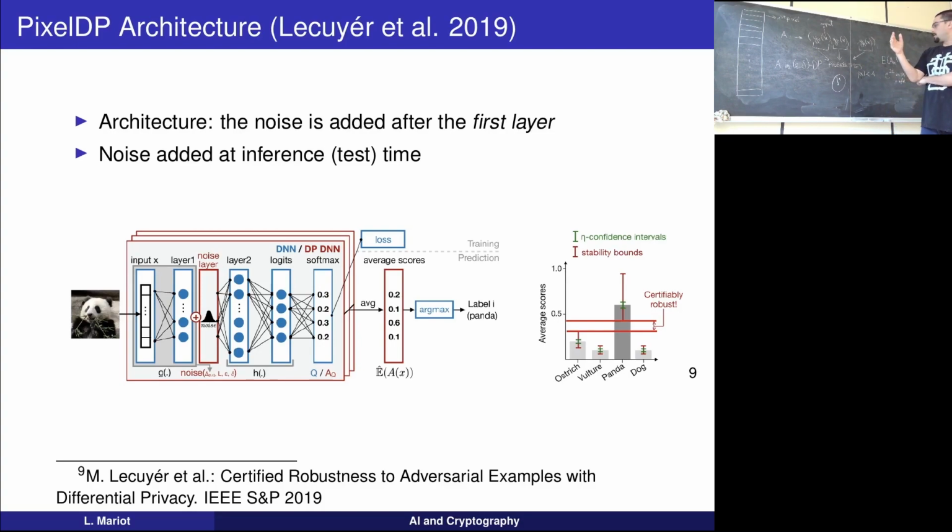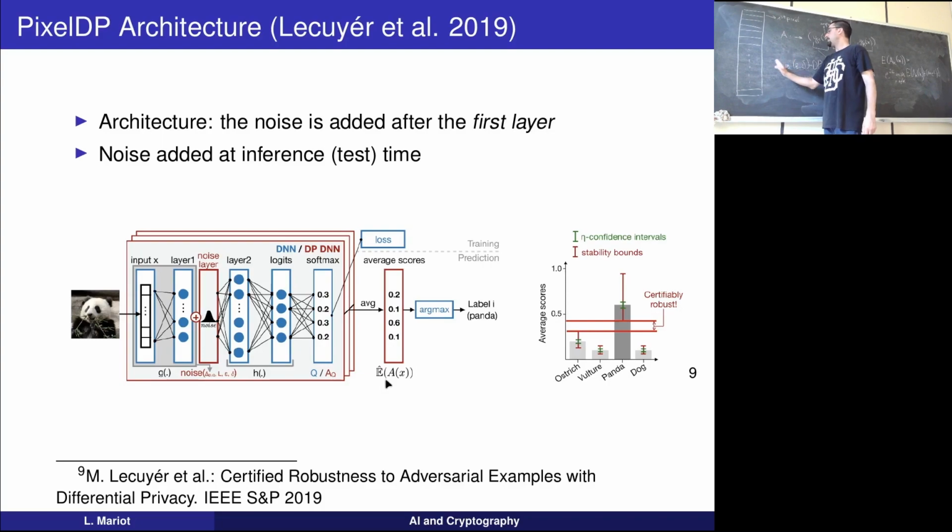So what we said here is the mathematical definition of certified robustness, but how is it done in practice? For this, we look at the left part of the picture in the slide. The idea is that we are going to add our noise. The whole randomized algorithm A will be the output at the end of the neural network.